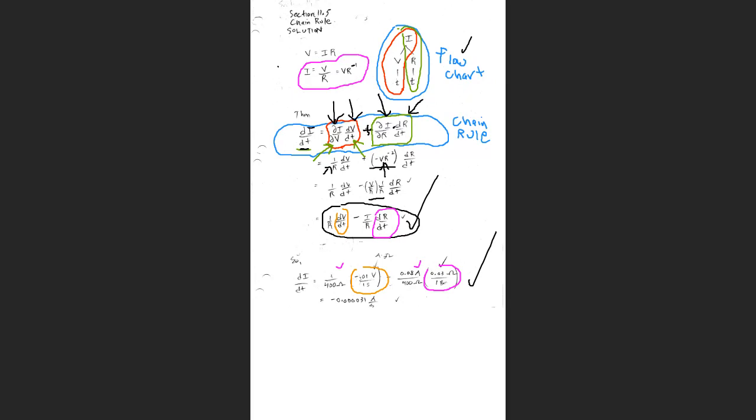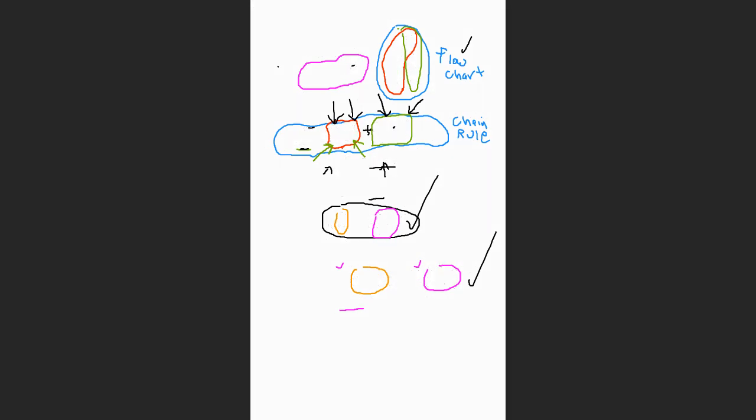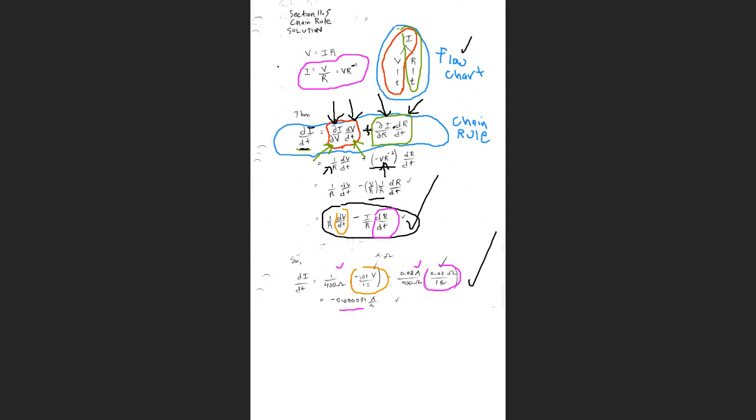And so you end up getting negative 0.000031, and the units are amperes per second. And so there you've just done the chain rule.